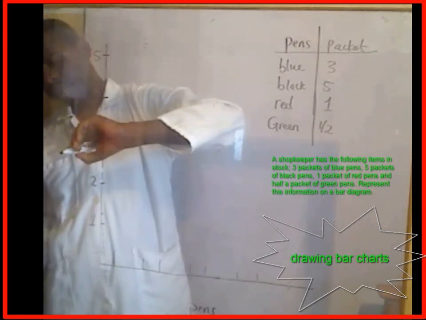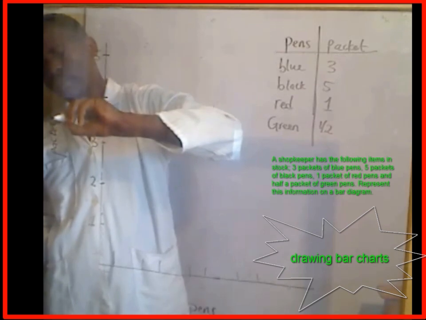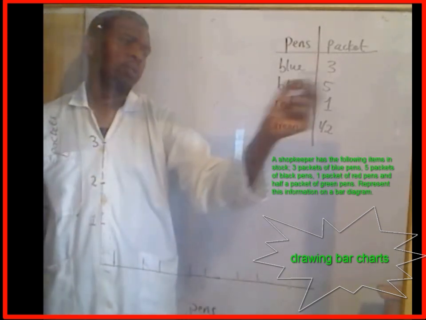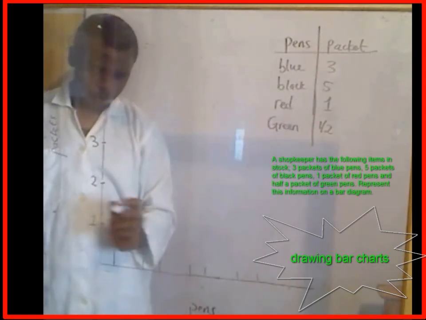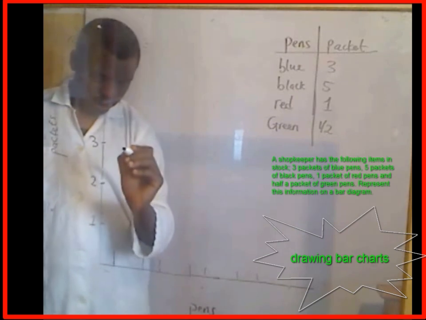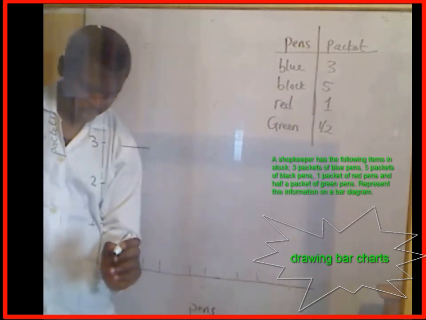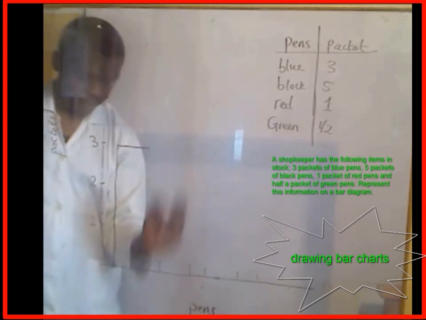So I have here packets. So now I start with the first category, that is the blue pens. There are 3 packets of blue pens. So here, put there 3. So I can use my ruler to draw a large bar for this.